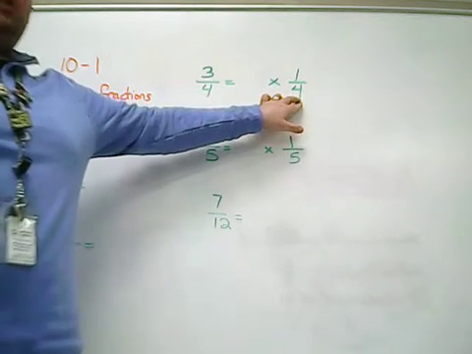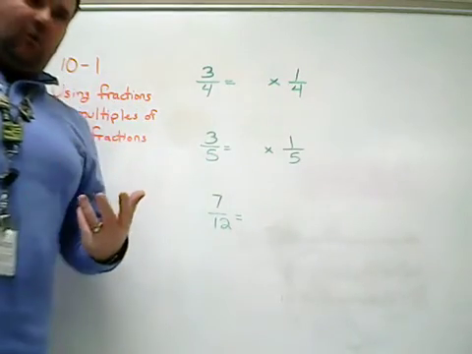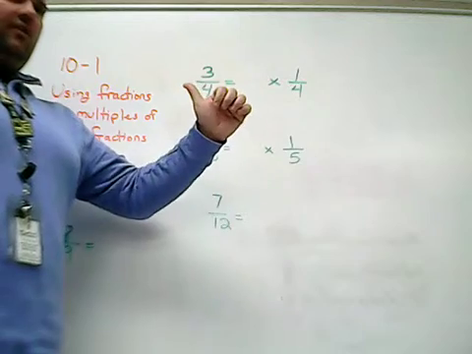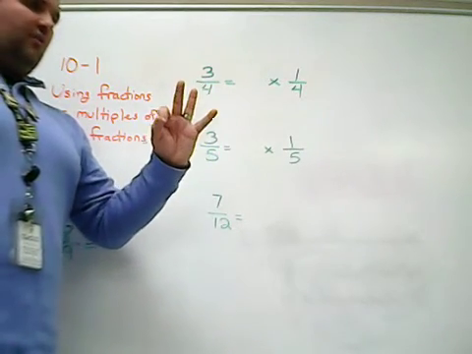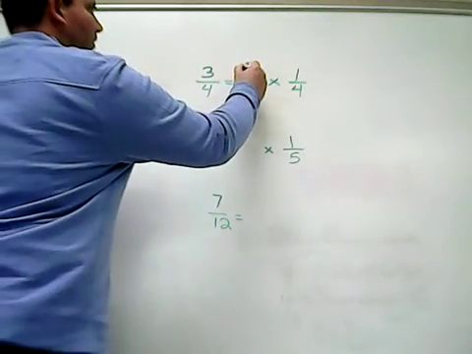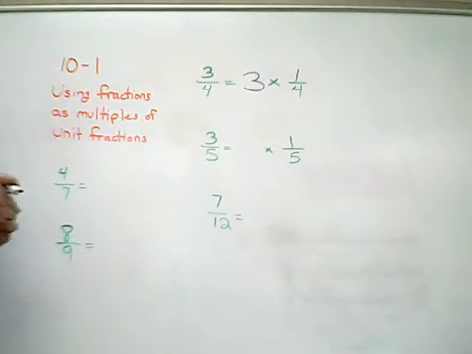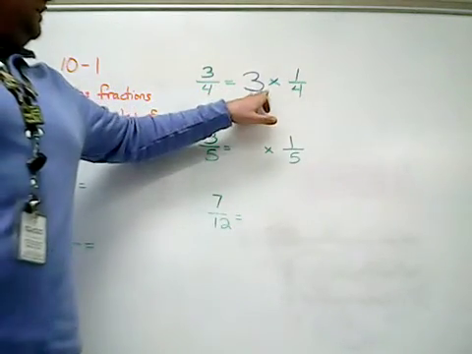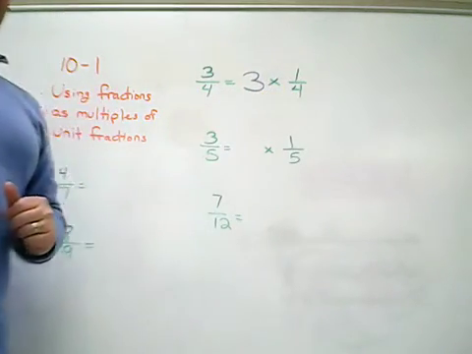So how many times do I have to repeatedly add 1/4 until I get 3/4? 1/4, 2/4, 3/4. I had to do that 3 times. So in reality, what I did was 3 times 1/4.